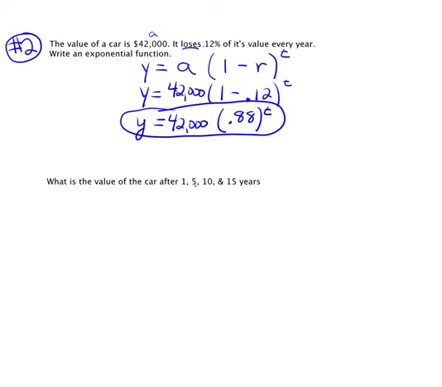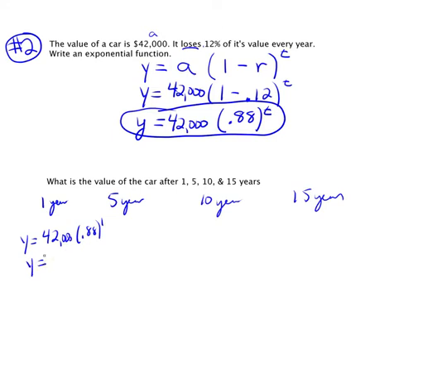Now, what is the value of the car after 1 year, 5 years, 10 years, and 15 years? So after 1 year, we would use our equation, 42,000 times 0.88 to the power of 1.